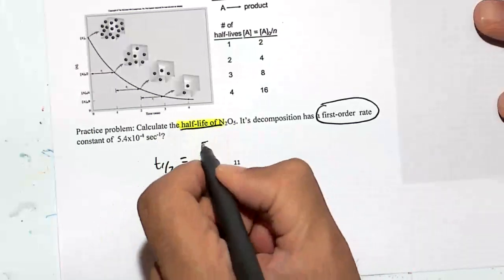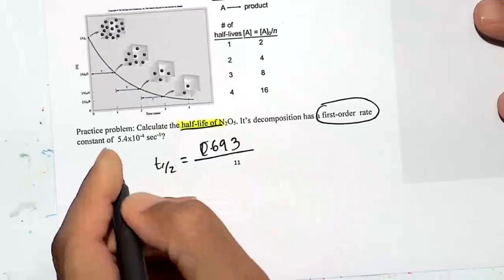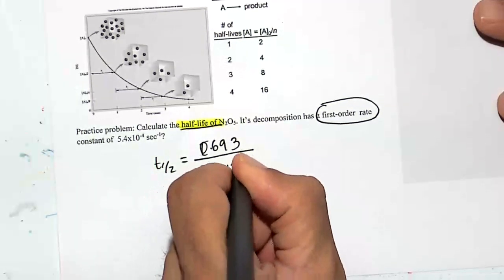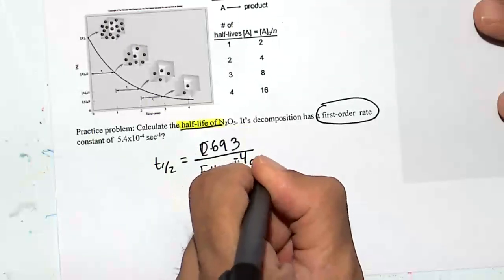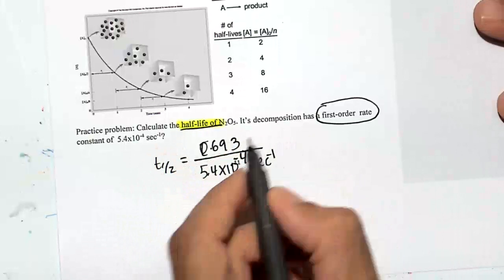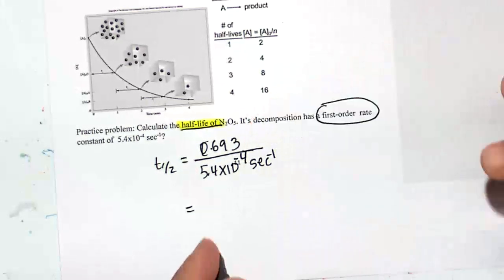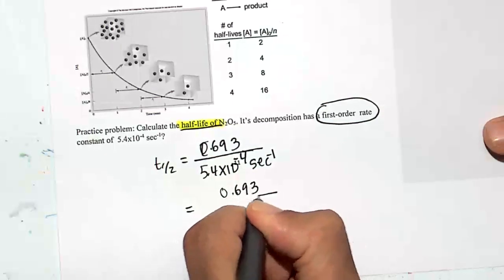So 0.693 over K, where K is 5.4 times 10 to the minus 4 inverse seconds, seconds to the minus 1. If I move it up to the numerator, it becomes seconds.